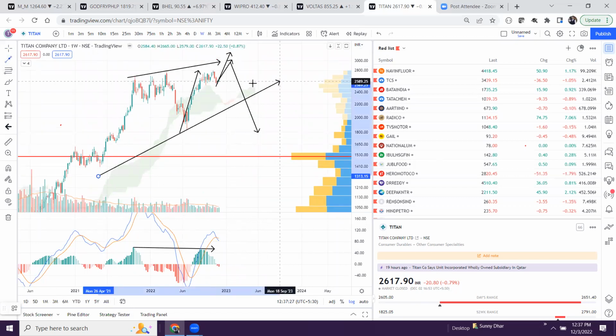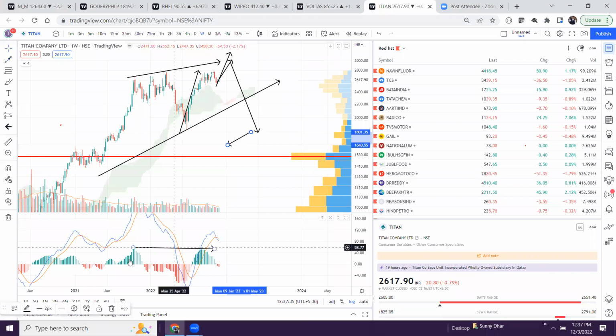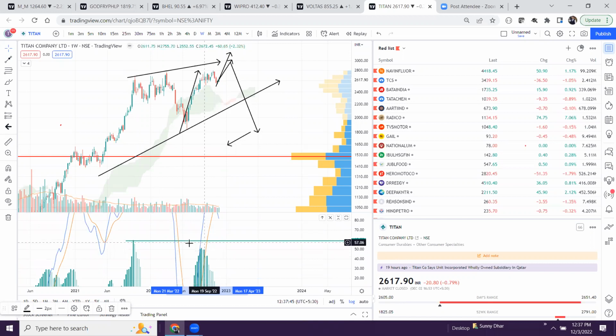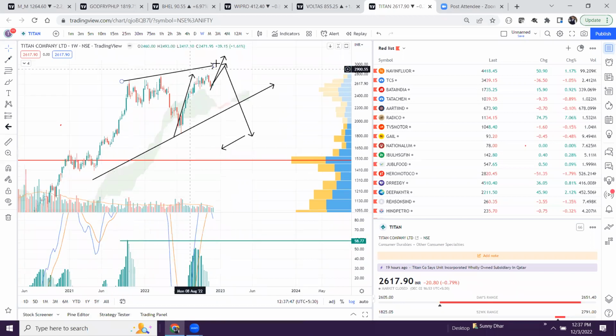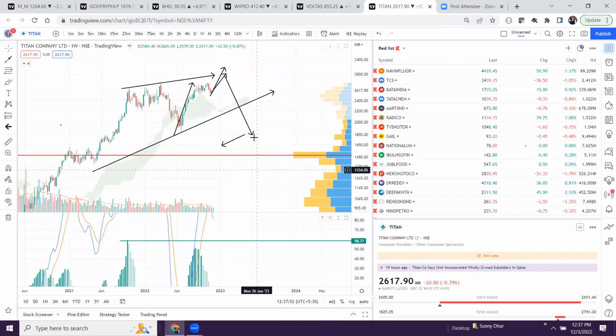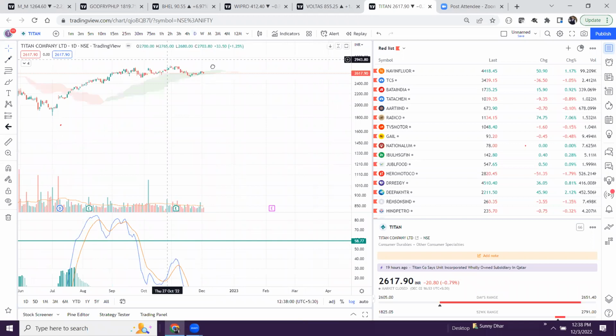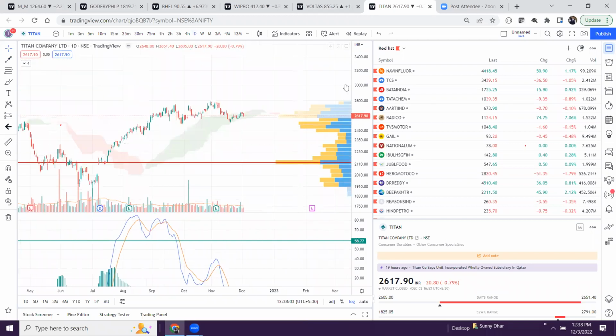If you draw this at the top, you can see the momentum not reaching this point, but price has gone up. So this is divergence, but divergence will not immediately reflect in the price. You have to see on a daily chart whether it has given any bearish sign.